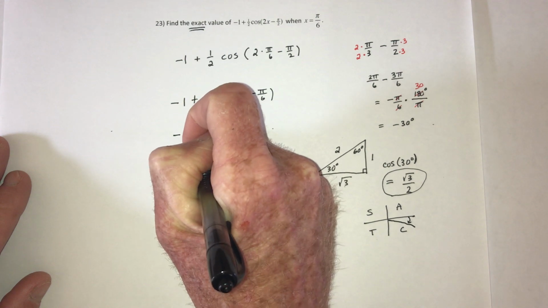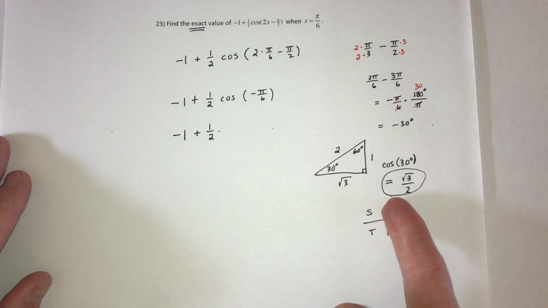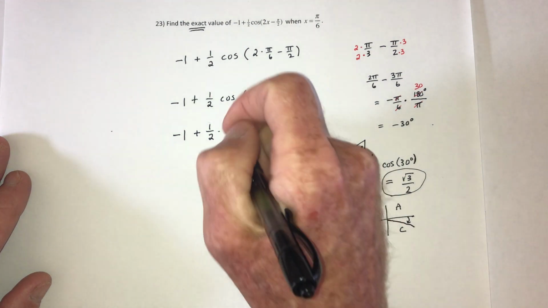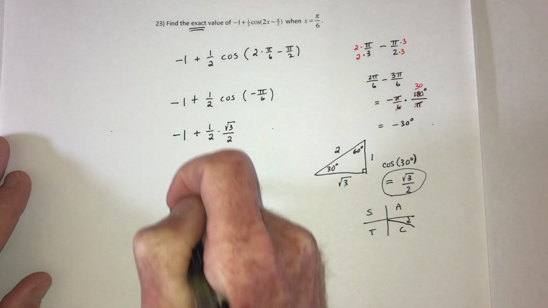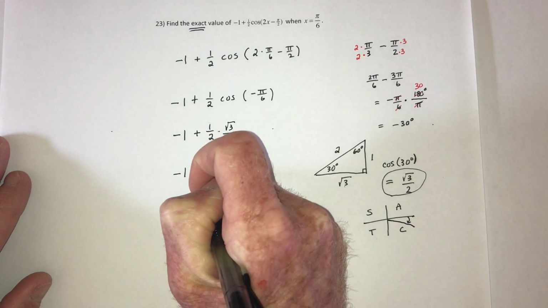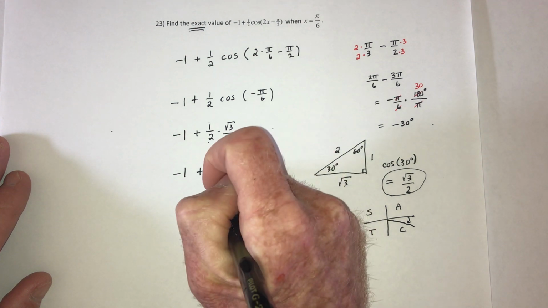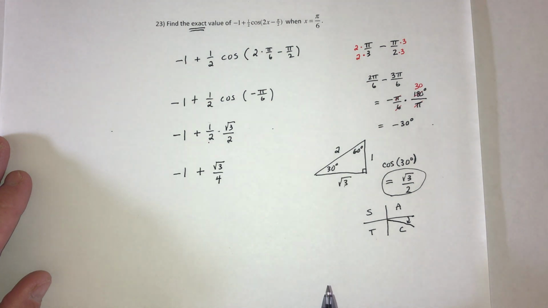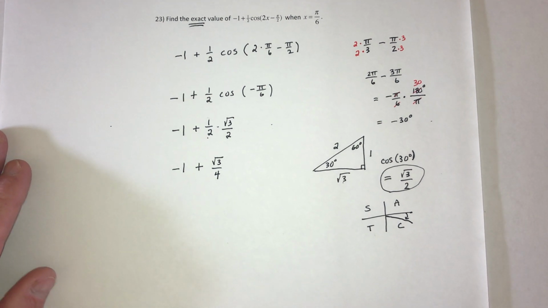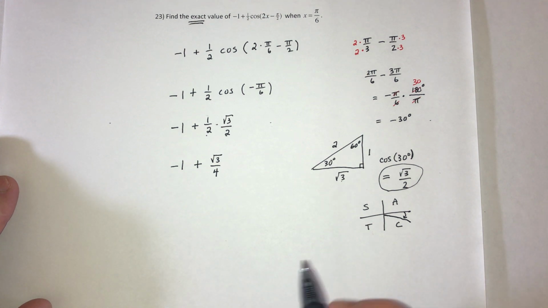Now put that information over here. So -1 plus a half, and then we got the square root of 3 over 2. So that would be -1 plus, so multiply these 2's down here. It's going to be square root of 3 over 4. And I guess technically you could stop right there because that is an exact answer, but I feel like combining these two fractions.